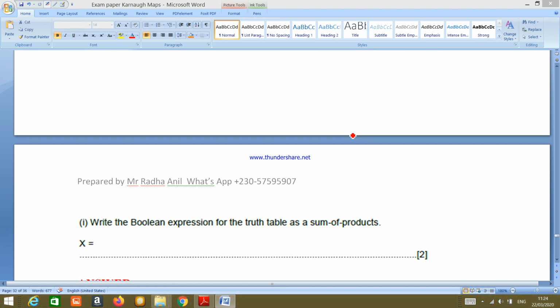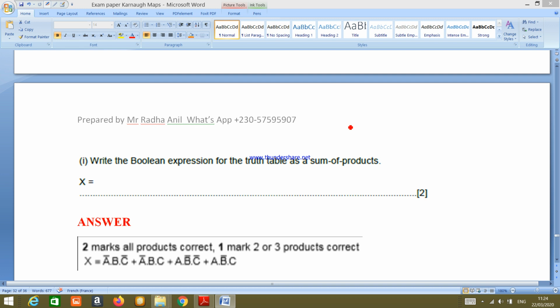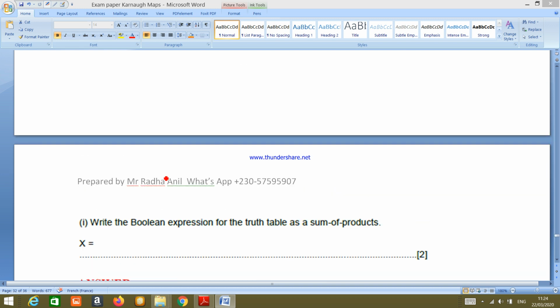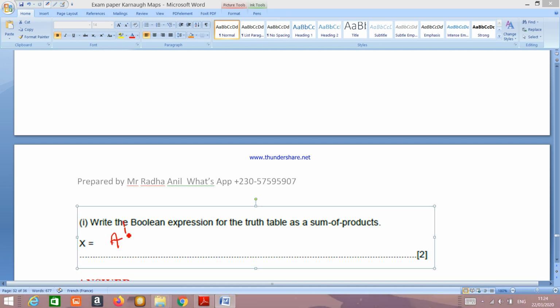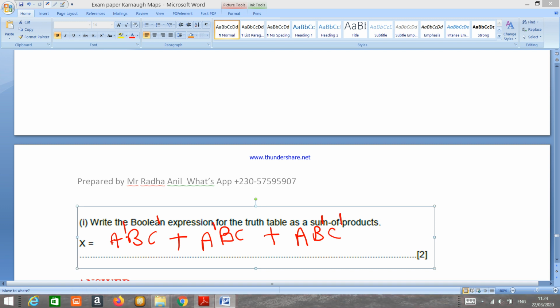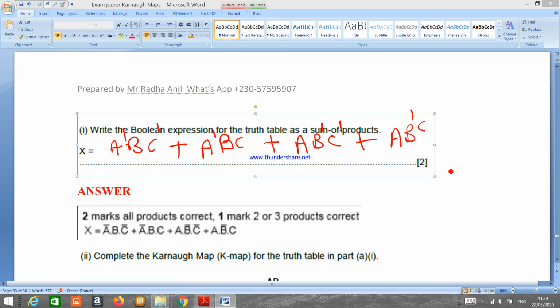And you can easily write the Boolean expression. It's given here. Okay, it's A dash, B, C dash plus A dash, B, C plus A, B dash, C dash plus A, B dash, C. And cross check it, it's good.